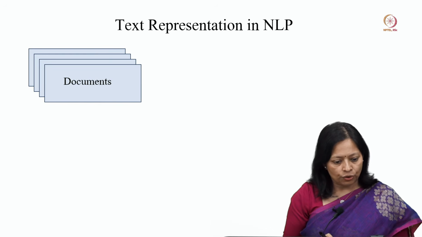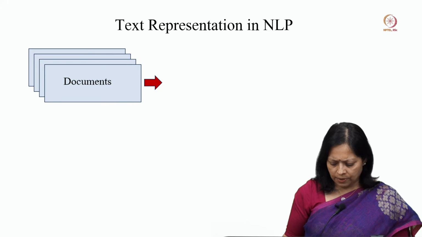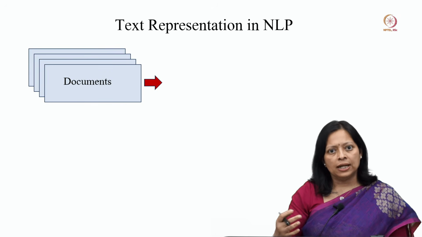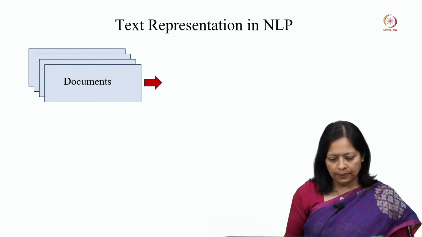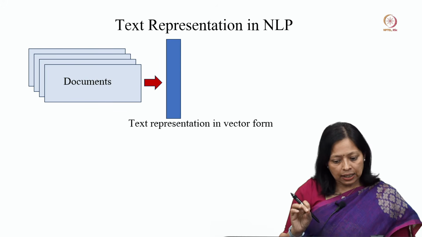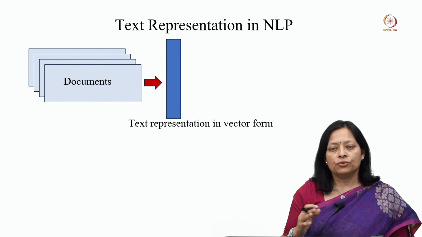Suppose we have multiple documents, and we want these documents to be read by the machine and generate some output. The input documents need to be changed into some mathematical form, which is usually a vector form.